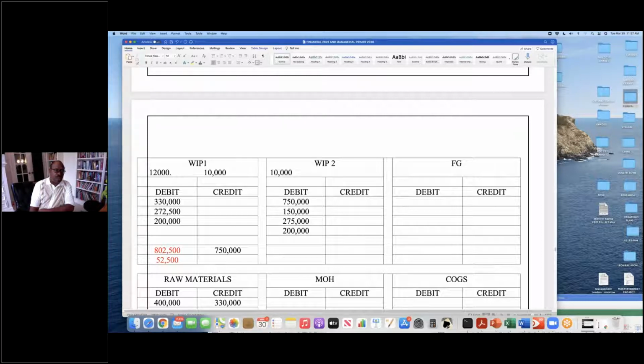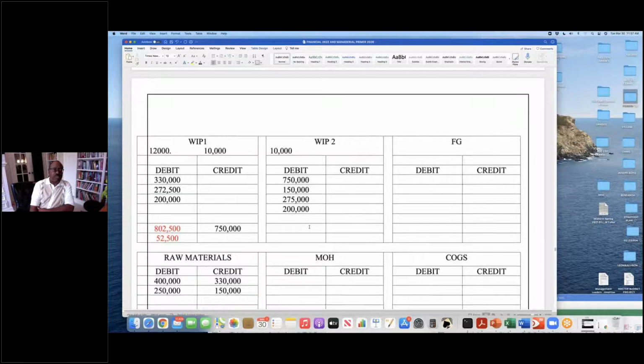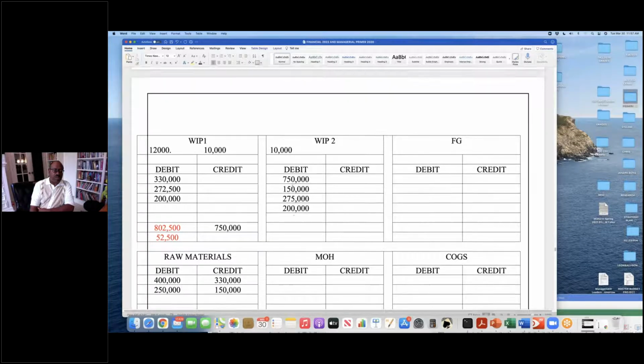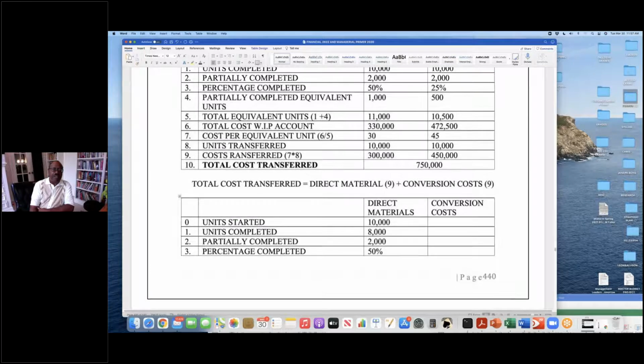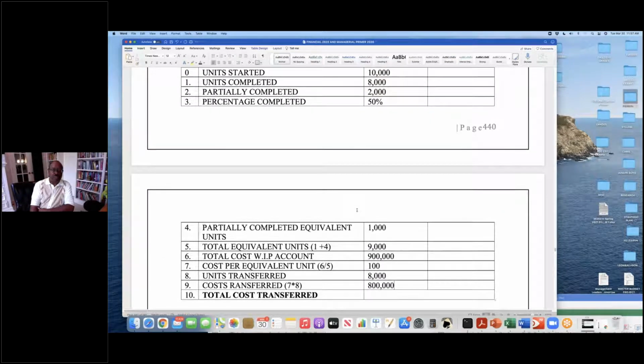All the costs transferred in become a raw material in work in process 2. Yes, there was labor and overhead, but that's in that process. We get the item just like we bought these items for 330. The company we got them from had labor and overhead, but we got a raw material cost. So the bottom line is whatever you transfer in is added to raw materials. All right, y'all finish the other side and tell me the cost transferred.